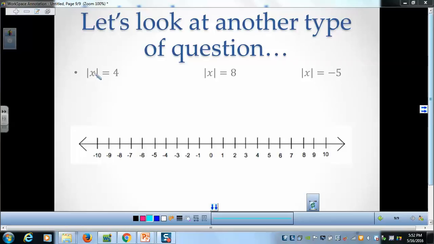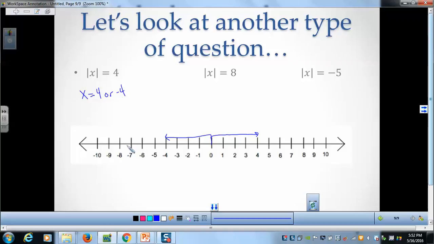Remember x is an unknown. What numbers are 4 units from 0? If I go 4 units to the right, I get to 4. If I go 4 units to the left, I get to negative 4. So x could be 4 or negative 4. It could be either one of those.